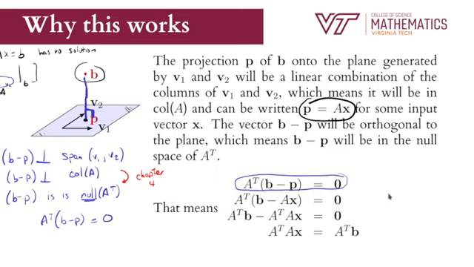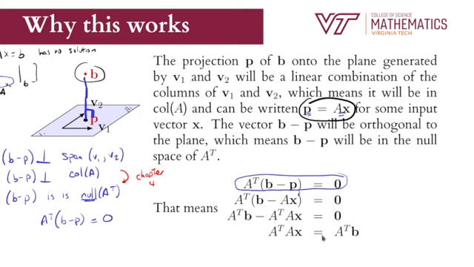And now I'm going to do some algebra. Since P is a linear combination of the columns of A, P equals AX, so I'm going to replace P with AX and then distribute the A transpose in this equation. So A transpose B minus A transpose AX equals 0, and then put one of these terms on each side of the equation.